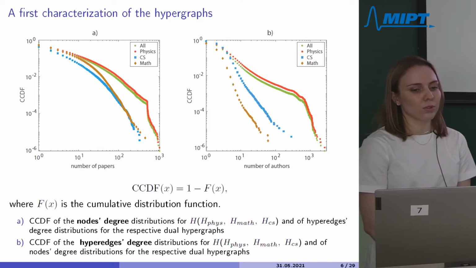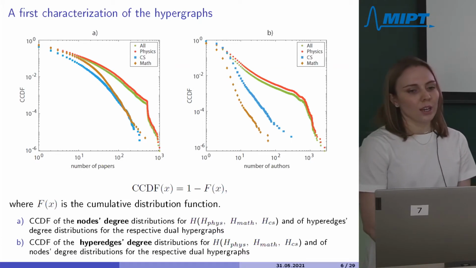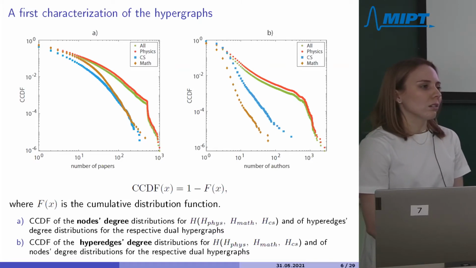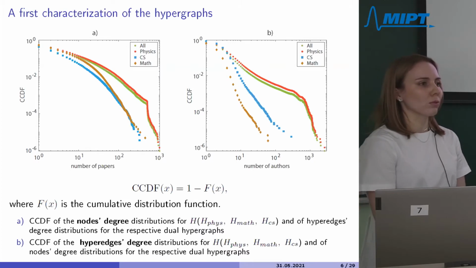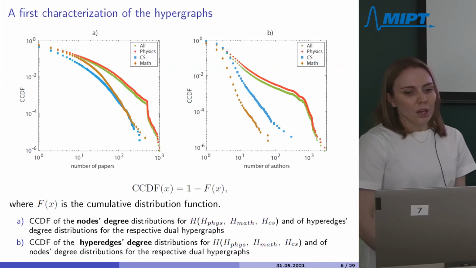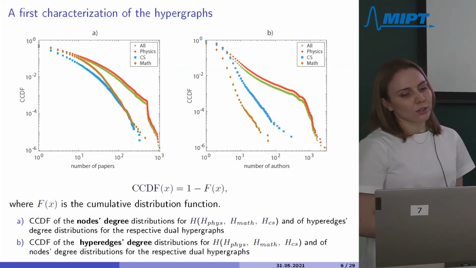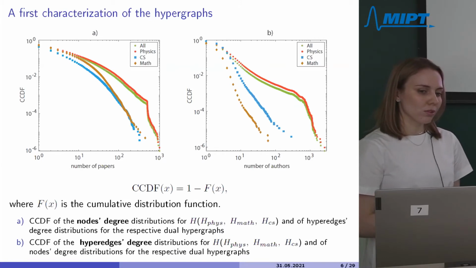The first is mostly for theoretical papers, and the tail is for experimental collaborative papers where a huge number of authors participate. And for maths and CS, we see that the distributions deviate from a power law only in the tails.